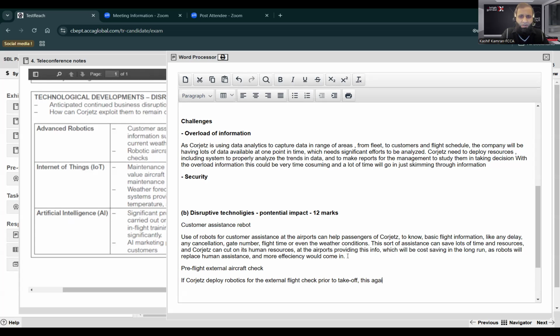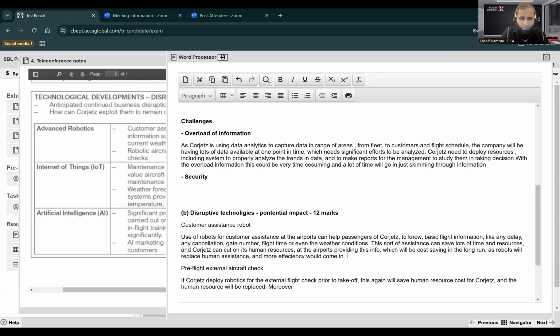This again will save the human resource cost for CodeJets, as the human resources will be replaced.